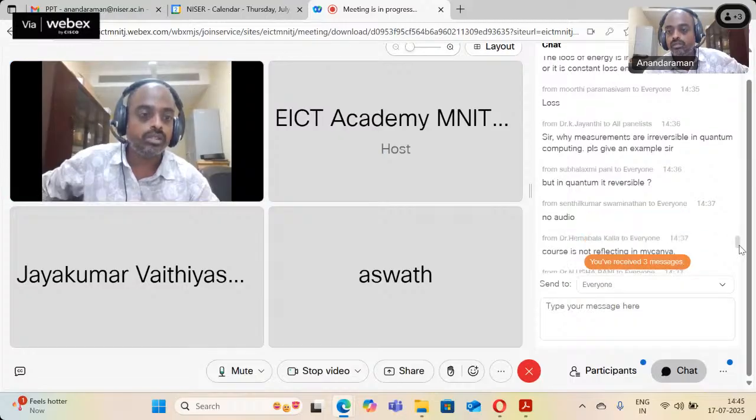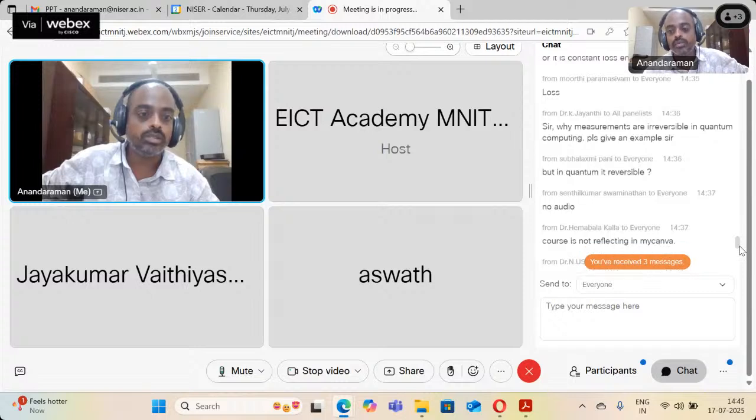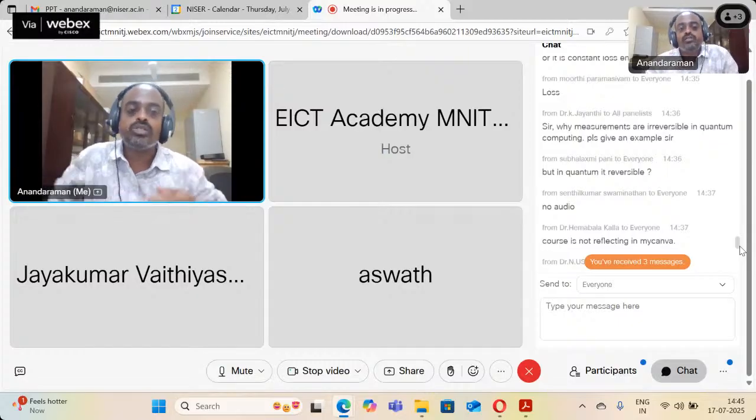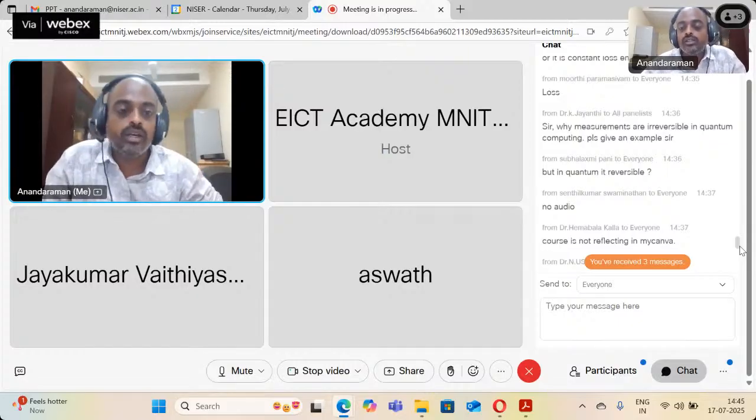What measurements are irreversible in quantum computing? Any measurement. In a Qiskit circuit, you are doing measurement. For example, you are tossing a coin. When the coin is in the air, it is in both states, head and tail. But when it falls to the ground, that is a measurement. It turns to any one state, either head or tail. That is a measurement operation.